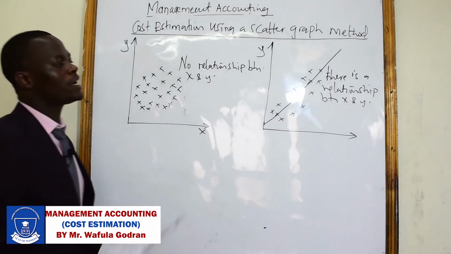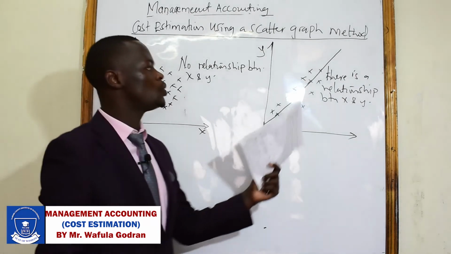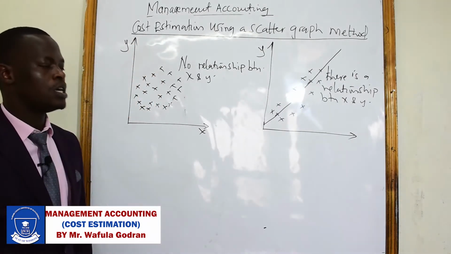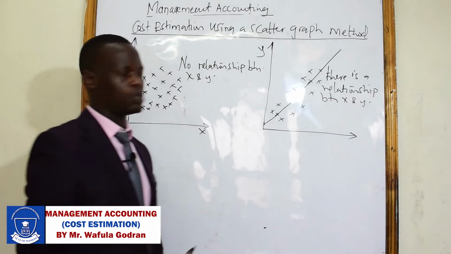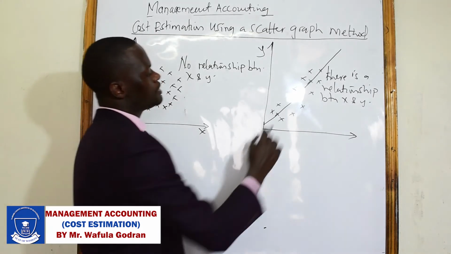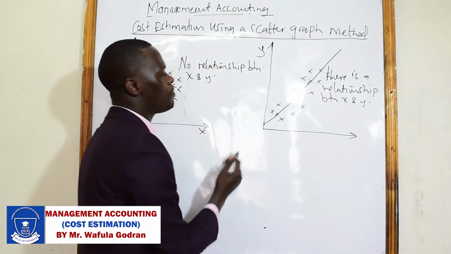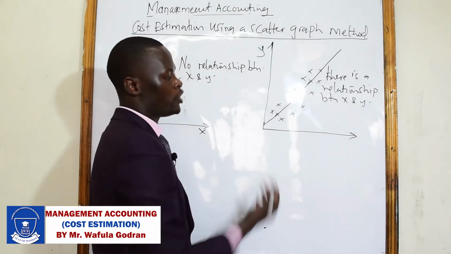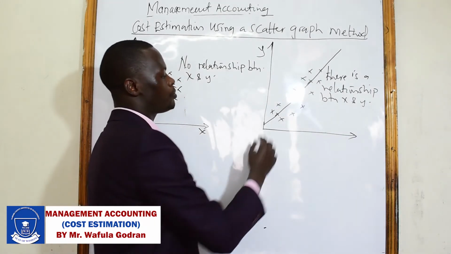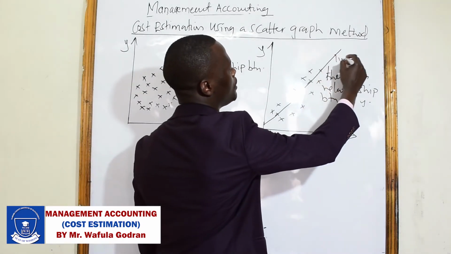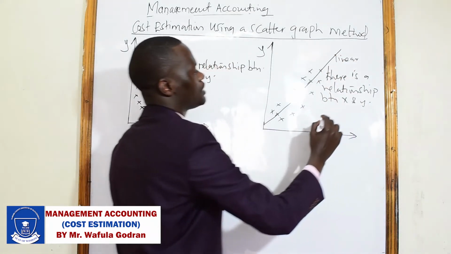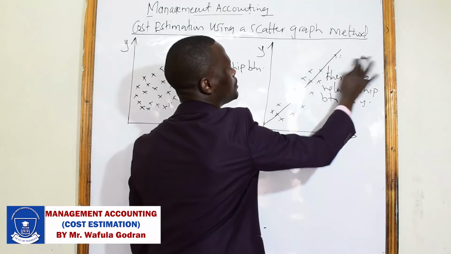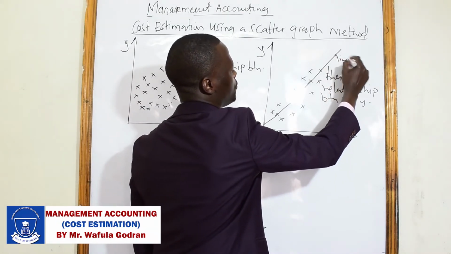Now, if you are given a question and you want to use a scatter graph to predict or to estimate cost, from this line you come and pick any 2 points, because this one is a linear line. It's a straight line. This is what we call a line of best fit.